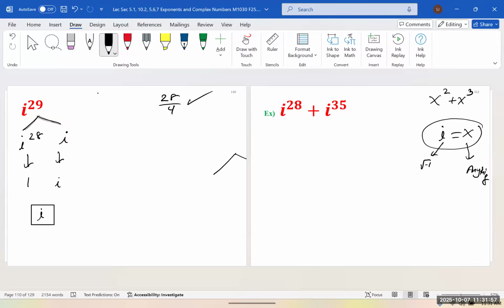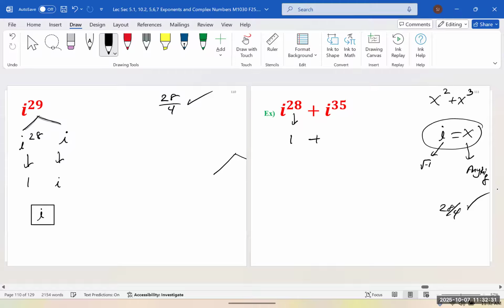But all the exponent rules are same. You cannot add or subtract the powers if you're adding or subtracting the bases. That means you have to do it individually. So i to the 28, can you divide 28 by 4? We can, right? So since we can, the answer is positive 1. We don't have to do anything. It's simply positive 1.